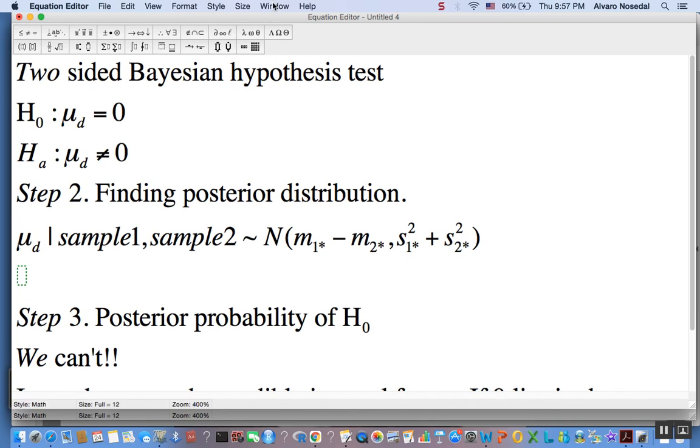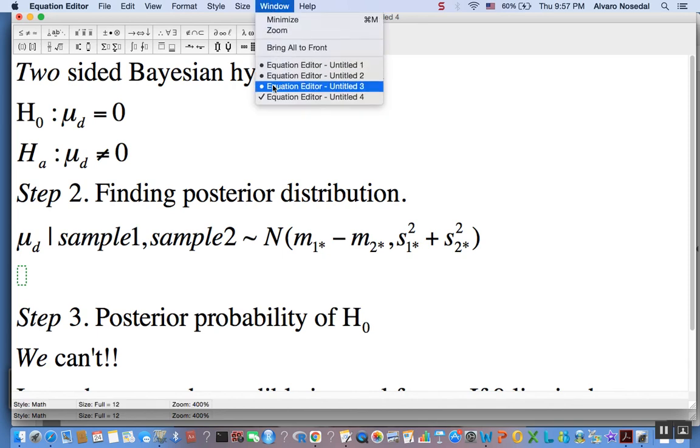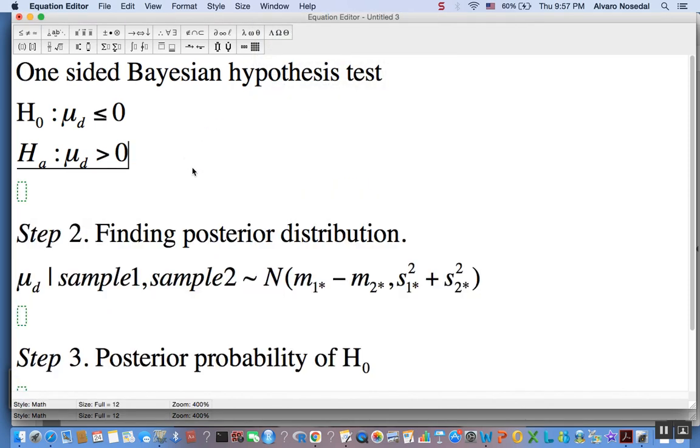That could be useful when you want to carry out a two-sided hypothesis test like this one. If, on the other hand, what you want to do is to carry out a one-sided hypothesis test for the difference between mu1 and mu2, then you do basically the same thing that you did before for a single parameter mu. Step number 1, you state your hypothesis. Step number 2, you find your posterior.